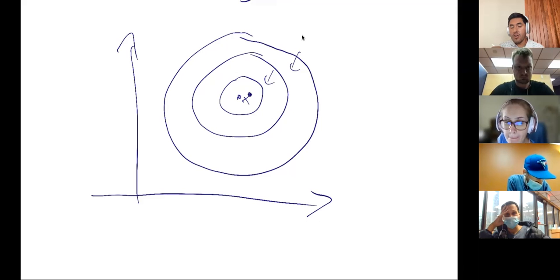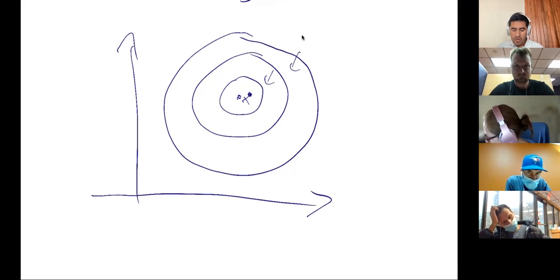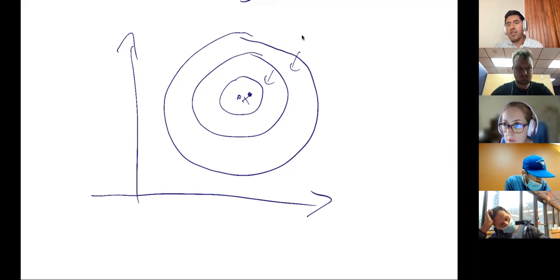So basically the inner circles give you more utility because there is a satiation point. So x star is the best possible object, okay? Usually these utilities can be written as utility of x equals minus the norm of x minus x star, squared.